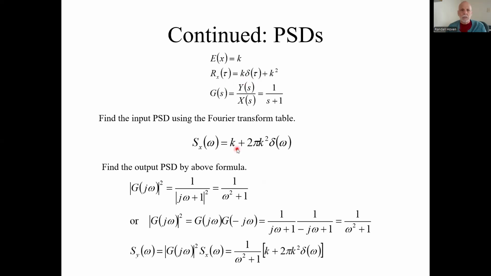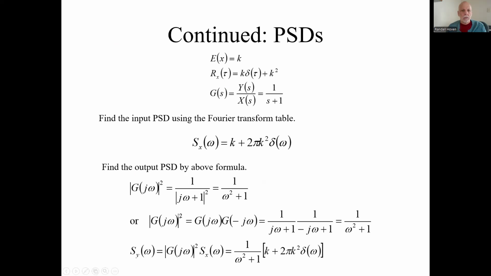Dirac delta function is just a constant. When it's just a unit, it's just a 1. So that's a 1 times K. And the Fourier transform of a constant is a Dirac delta function times 2 pi. So this is all from a Fourier transform table. Got the table, that's a fairly easy thing to look at.